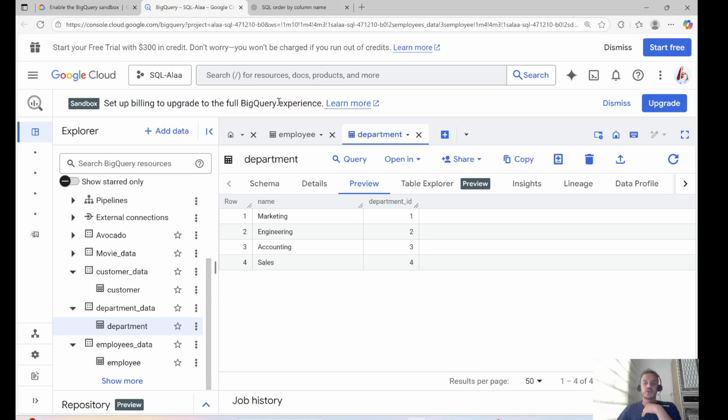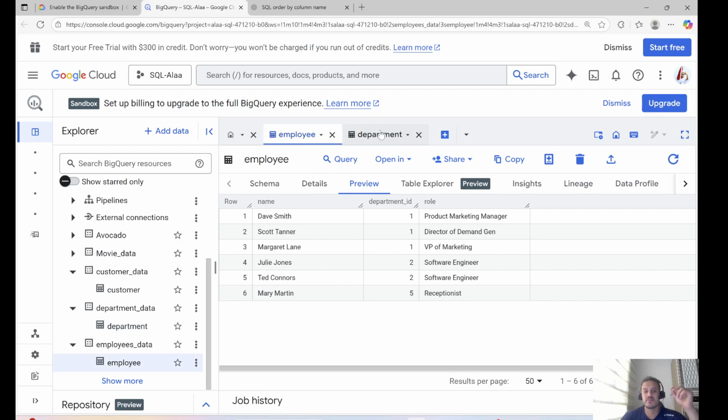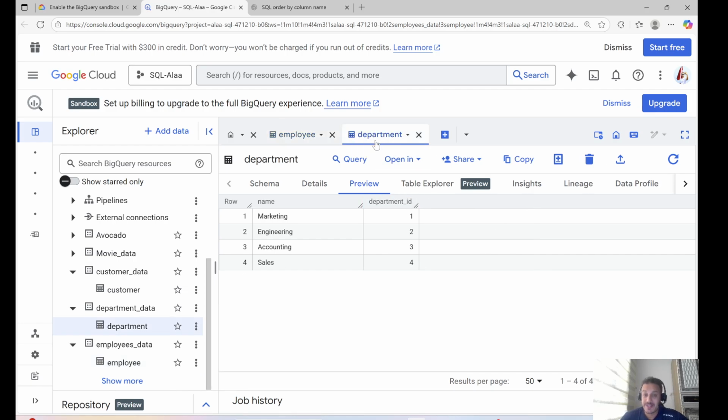So let's go to BigQuery. I have employee and departments tables, and we will find the relationship between them based on the primary key and foreign key. In my employee data, I have department ID, and in my department table, I also have department ID.